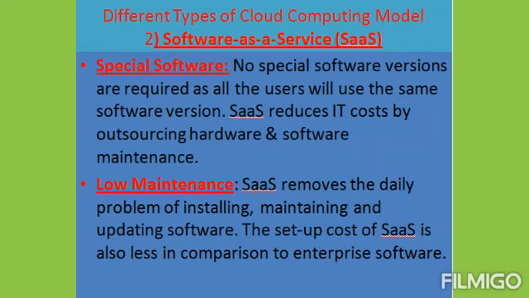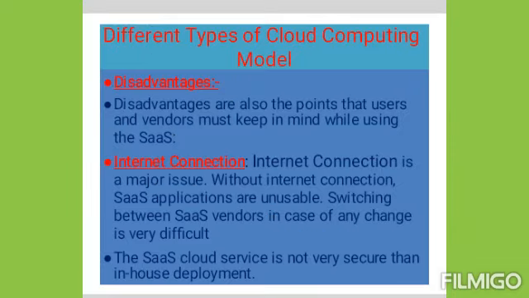So here I discuss various types of disadvantages of the SaaS model. Disadvantages are also points that users and vendors must keep in mind while using the SaaS model. So the first disadvantage of the SaaS model is internet connection. Internet connection is a major issue.